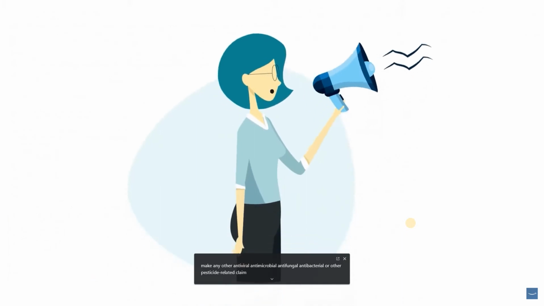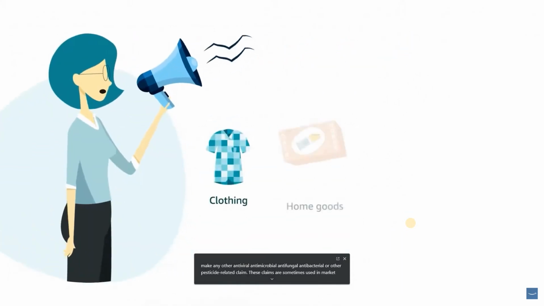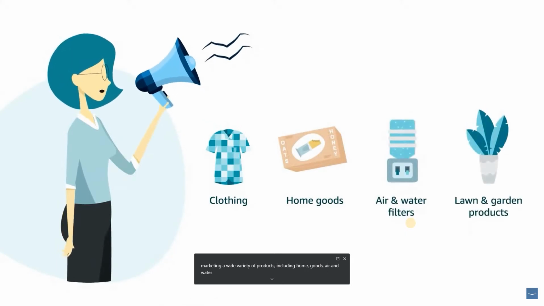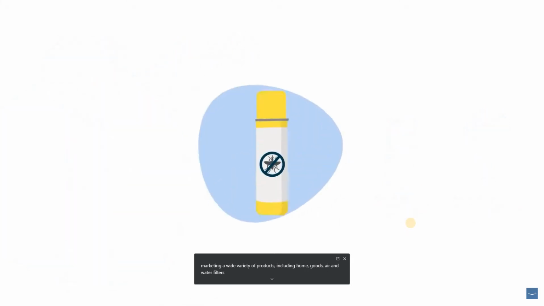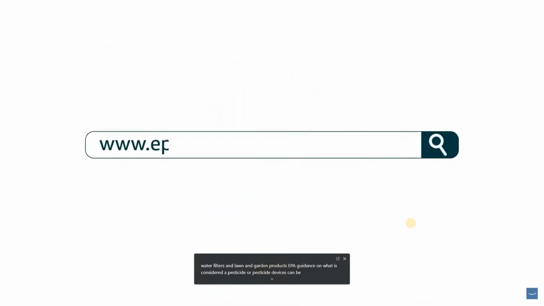These claims are sometimes used in marketing a wide variety of products, including clothing, home goods, air and water filters, and lawn and garden products. EPA guidance on what is considered a pesticide or pesticide device can be found on the EPA website shown here.